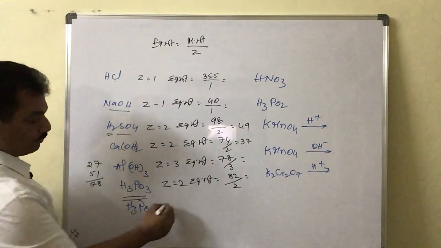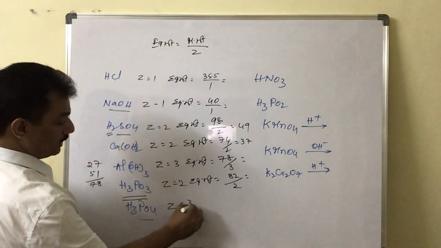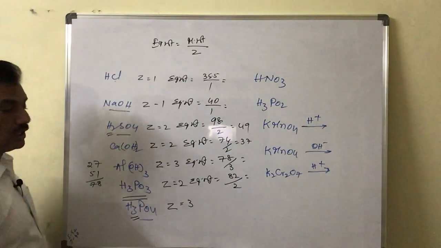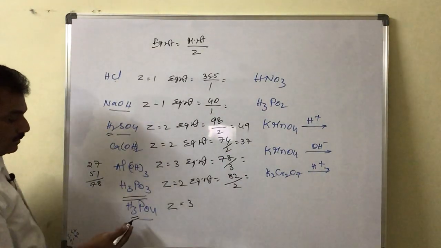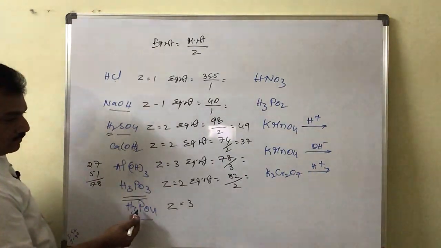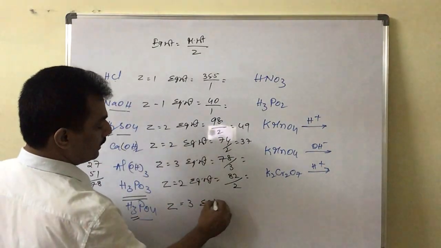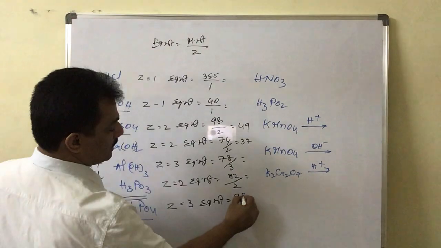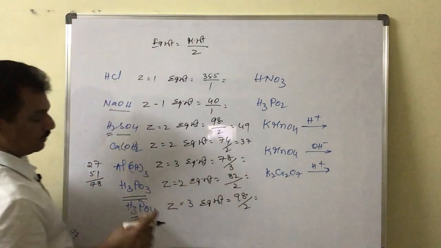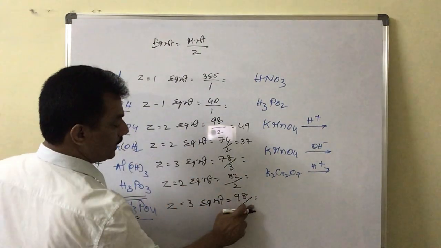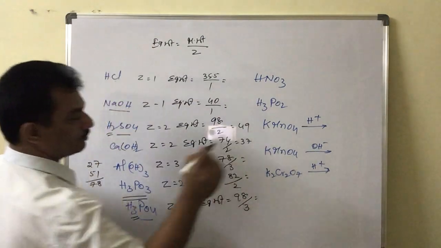And for H3PO4, Z is 3 because all 3 hydrogens are replaceable, and the molecular weight is 98, so it is 98 by 2. Not true, it is 98 by 3.